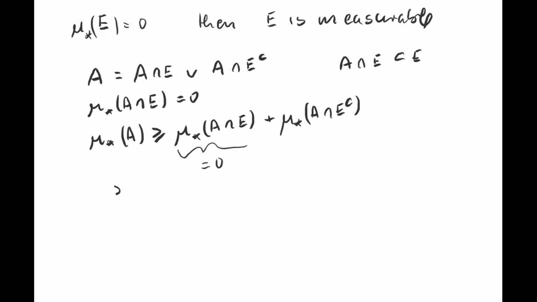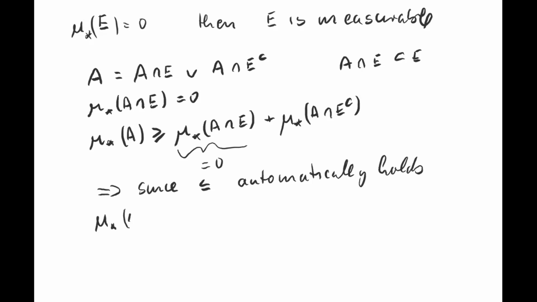And since the opposite inequality, the less than or equal, automatically holds by subadditivity, mu star of A is going to be equal to mu star of A intersected E plus mu star of A intersected E complement.